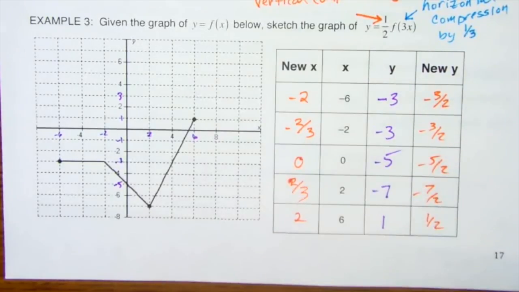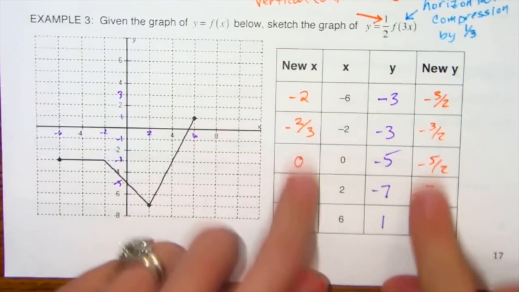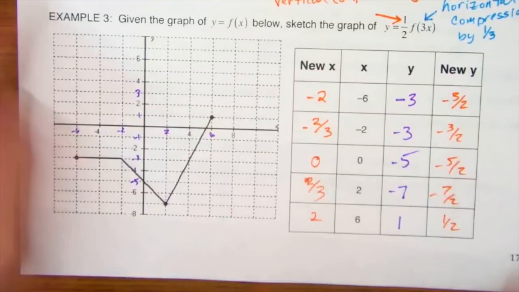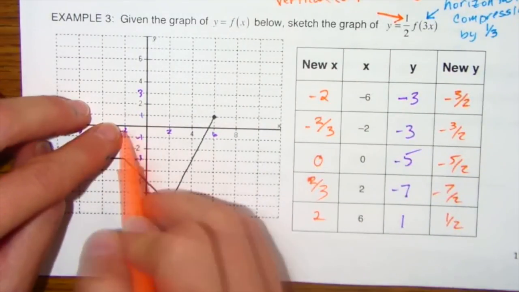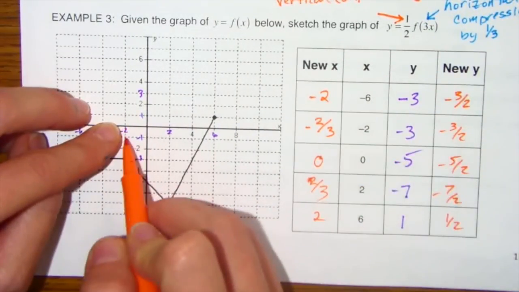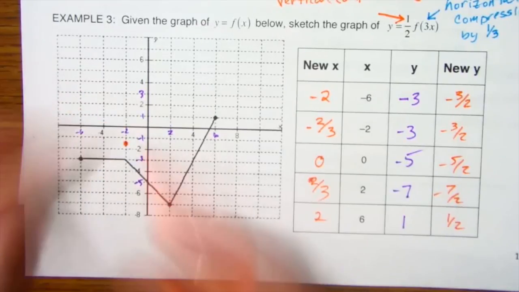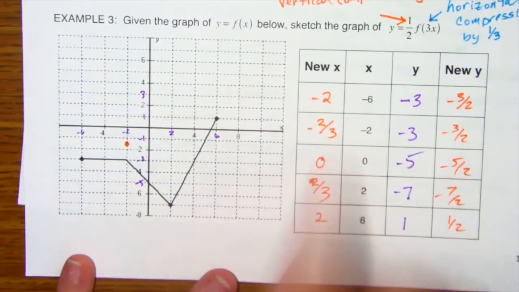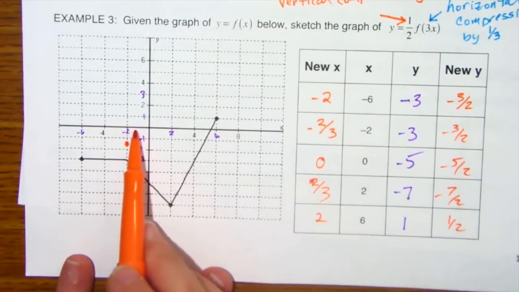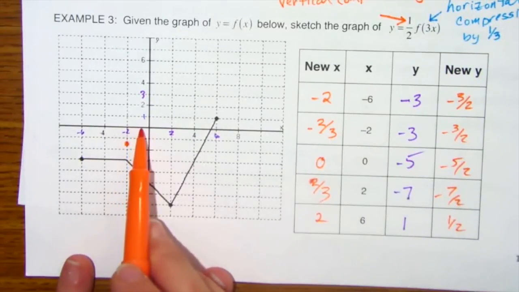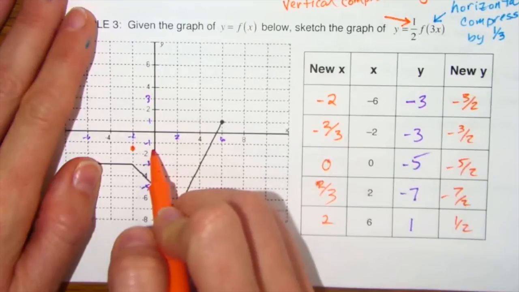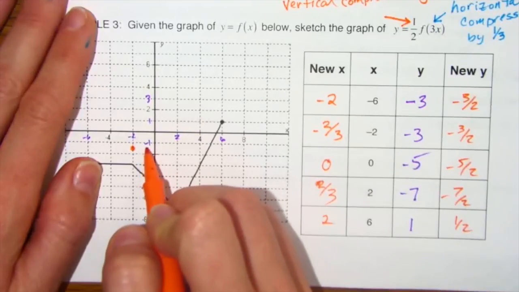Okay, so these are our new points. These are the x, y's that go together. So now we can plot them. -2 is here. -3/2, we're going to go down 1.5. Plot a point. -2/3, halfway is -1, so we're not going to go quite halfway to the left for -2/3. And then we're also down 3/2, so 1.5, and then a little less than halfway.